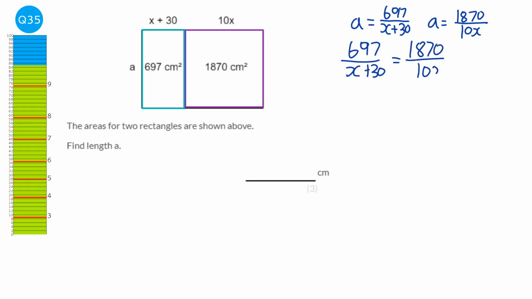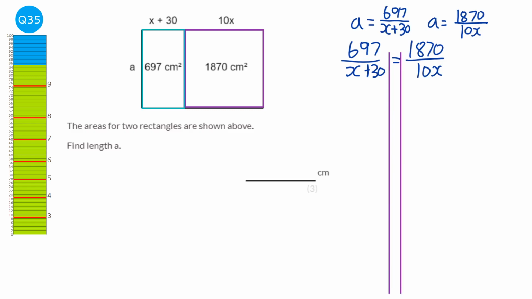And what we can do is work out what x is going to be. So first thing I'm going to do is put my lines in, because we are looking to solve. This is probably going to take a while. And I'm going to times both sides by the x plus 30, so I can get rid of the denominator on the left hand side.